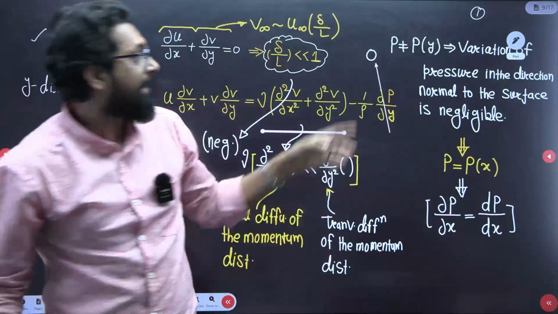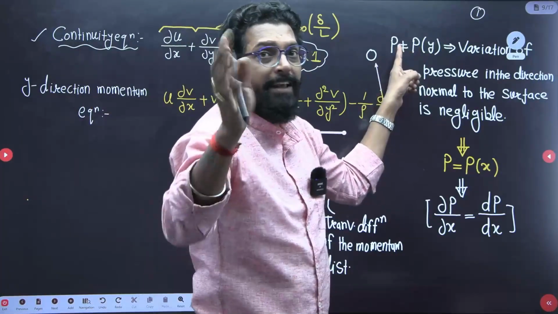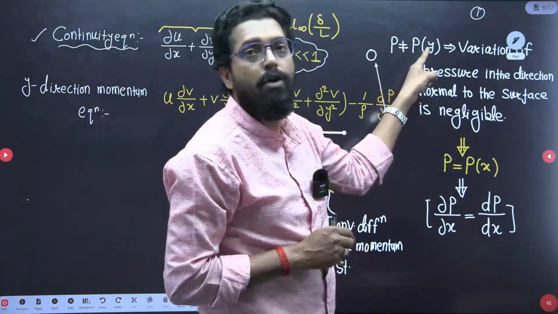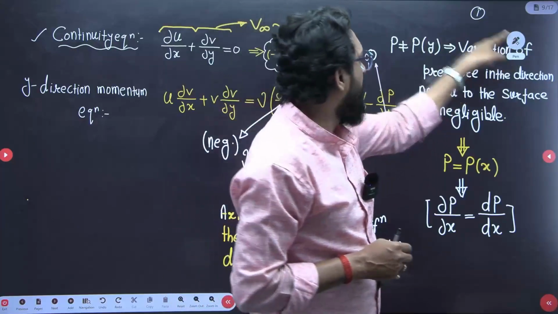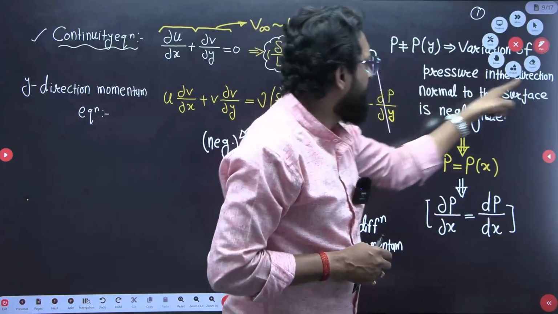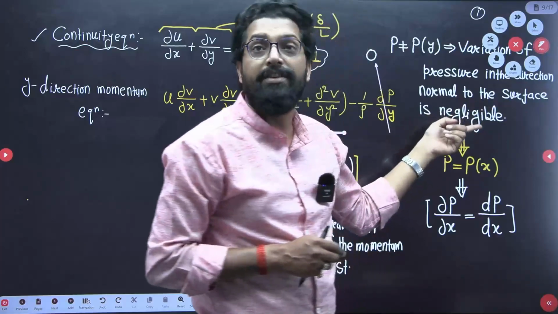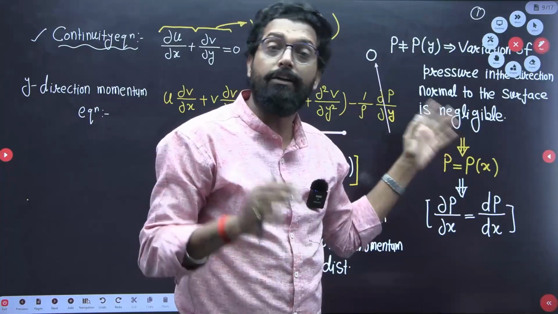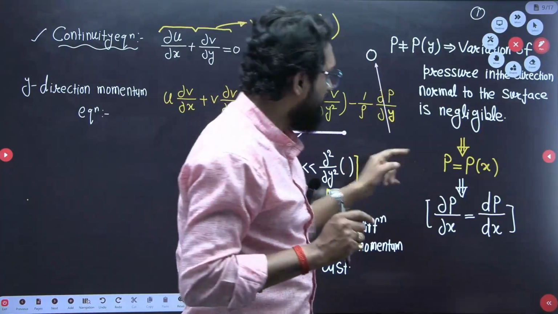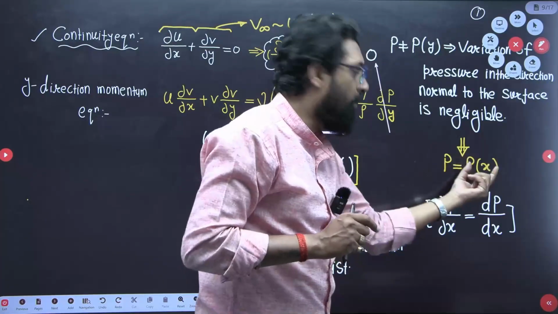At any y distance from the plate, pressure is not changing. So pressure is not a function of y. That means variation of pressure in the direction normal to the surface is negligible. We already concluded this in the third lecture. That means pressure is a function of x.